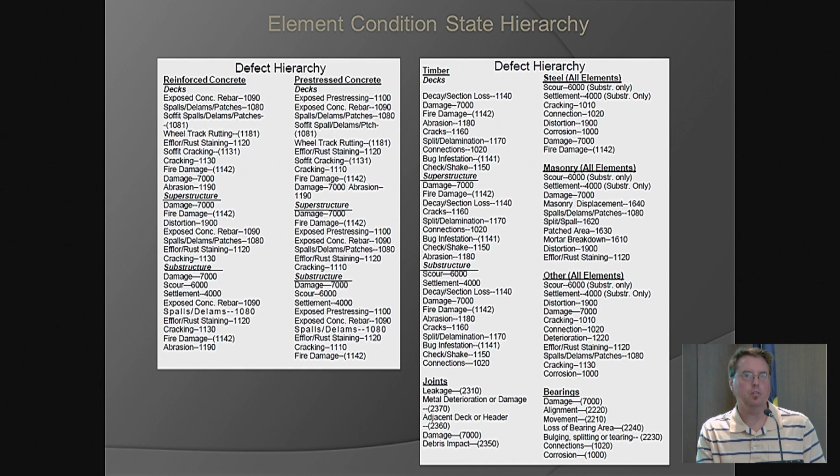But then he also notices that the mortar between the stone was missing. Well, then he would say, okay, which is a worse defect that I need to record? And he would use his hierarchy chart, and scour is the highest on the list, so he would put down scour as the main defect for that section.